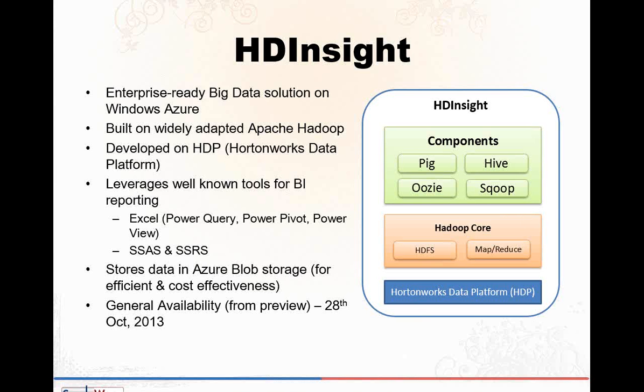Now on top of it, HDInsight has various components that will be used for carrying out the big data computations. Those components can be listed as Pig, Hive, Oozie, and Sqoop. What is Pig? Pig is nothing but a framework, again an open source framework offered by Apache for running queries on large datasets.